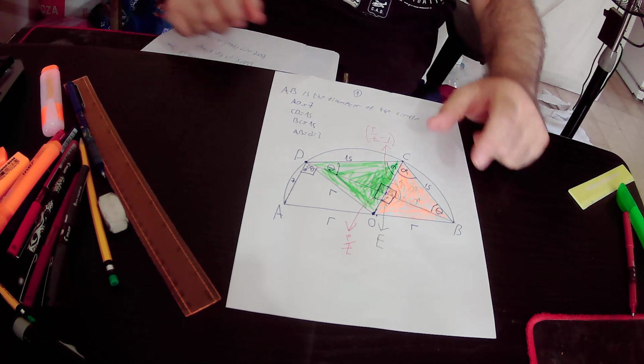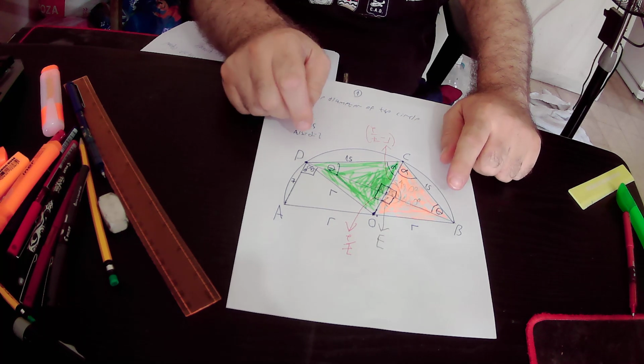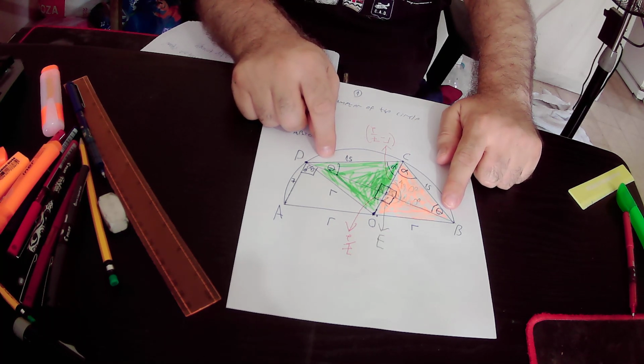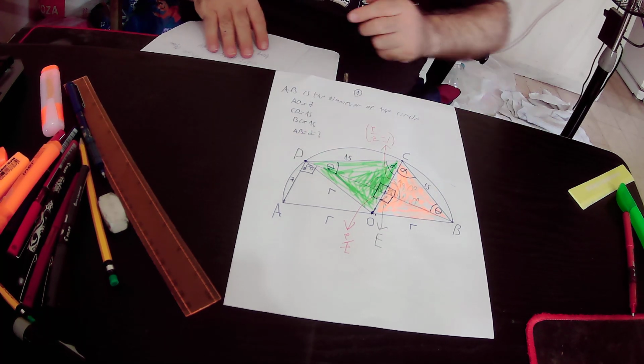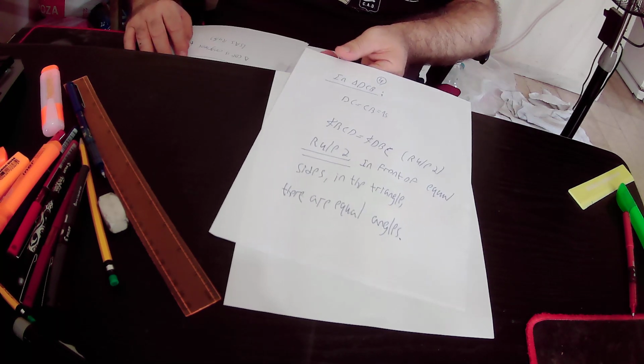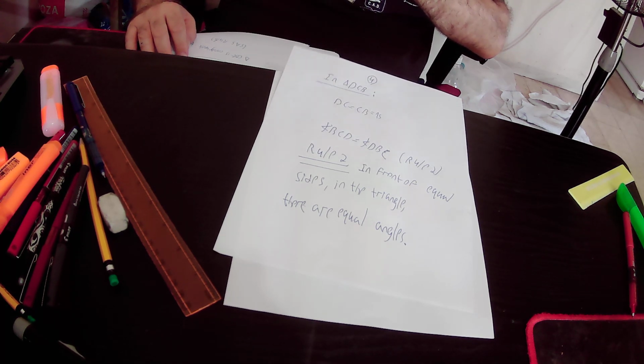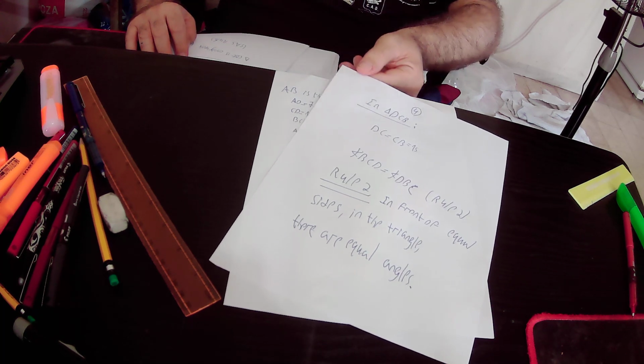From the fact that DC equals BC, we can deduce that those two angles are also equal to each other, according to rule number 2, that in front of equal sides in the triangle there are equal angles.